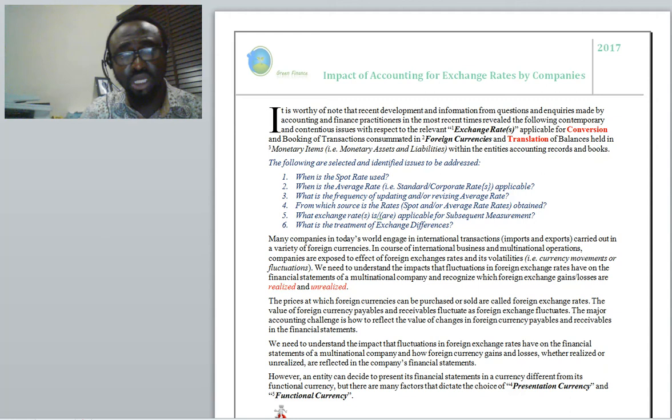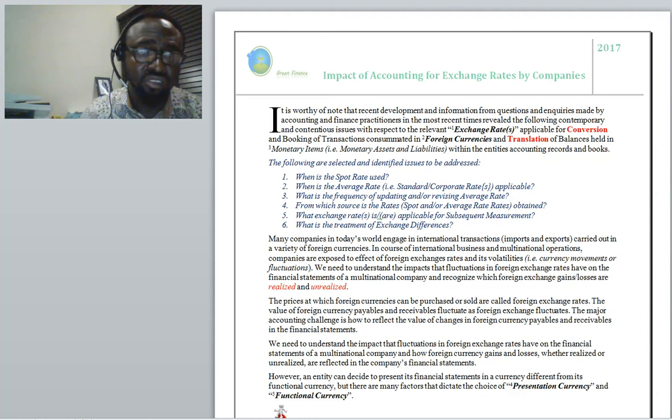Now, as we move on, I'd like to point your attention to this. Many companies in today's world engage in international transactions, both imports and exports, carried out in a variety of foreign currencies, which we could call multinational operations for international trade. In the course of international businesses and multinational operations, companies are exposed to the effect of foreign exchange rates and volatilities.